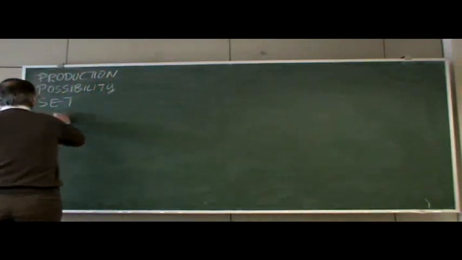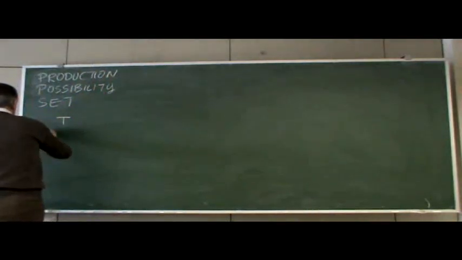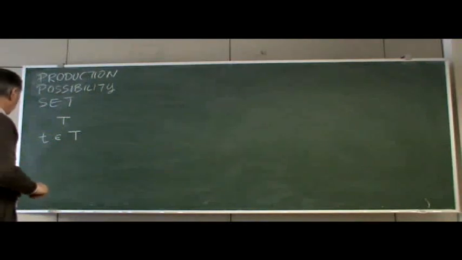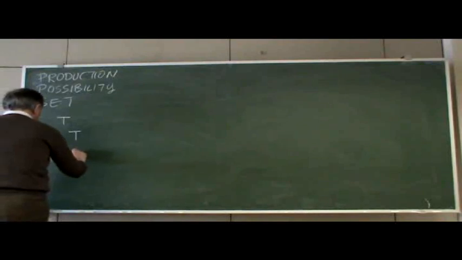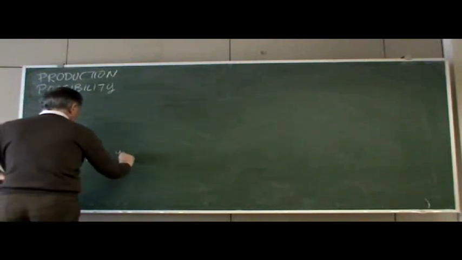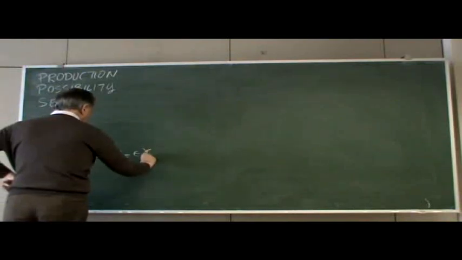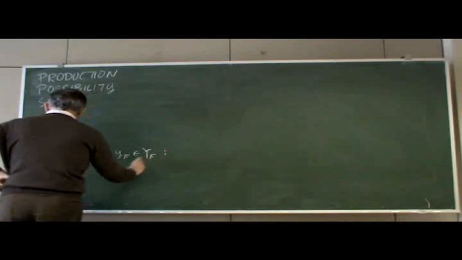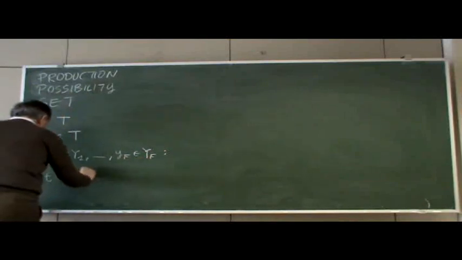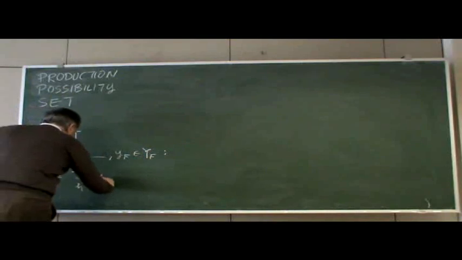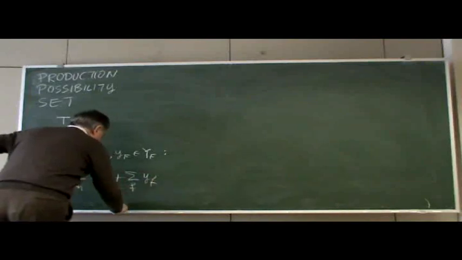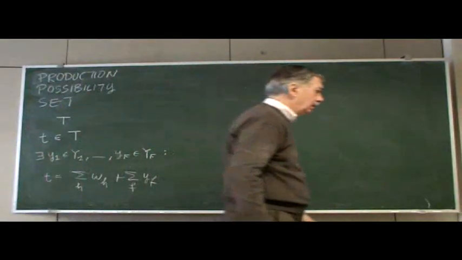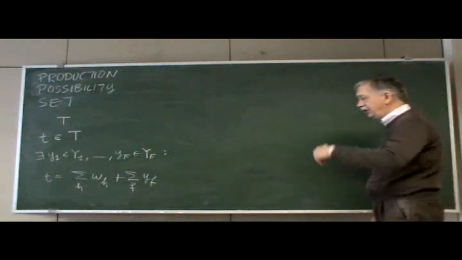The set will be denoted by large T, and a vector small t will belong to large T if there exist production processes for the different firms, Y1, Y2, etc., YF, such that t is the sum of the initial endowment plus the sum of these processes. The processes are not necessarily optimal for the corresponding firms. This is a general definition.